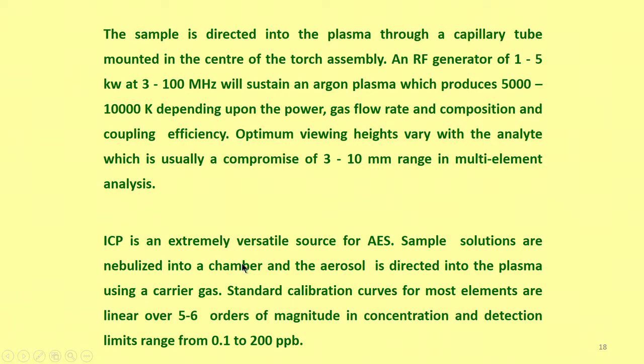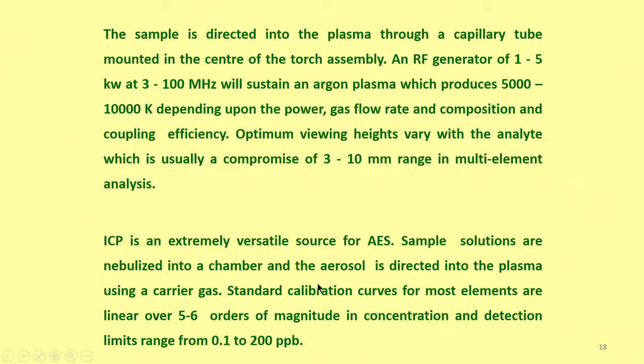So, ICP is an extremely versatile source for atomic emission spectroscopy. Sample solutions are nebulized into a chamber, that is the 1 centimeter zone I had shown you, and the aerosol is directed into the plasma using a carrier gas, that is argon, same argon from the same source.